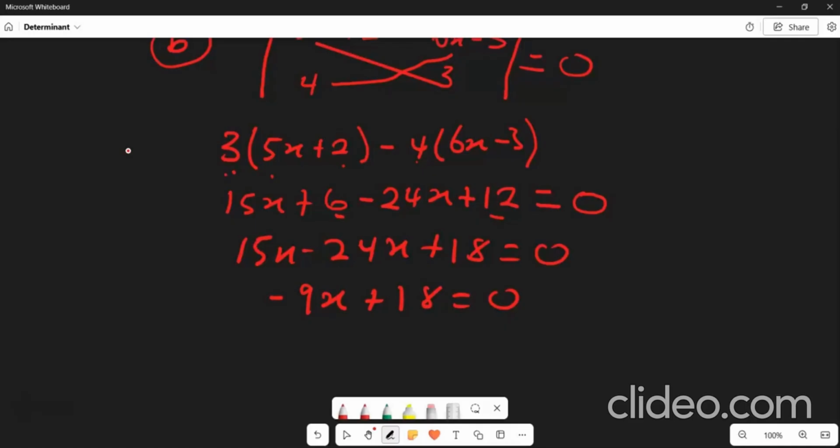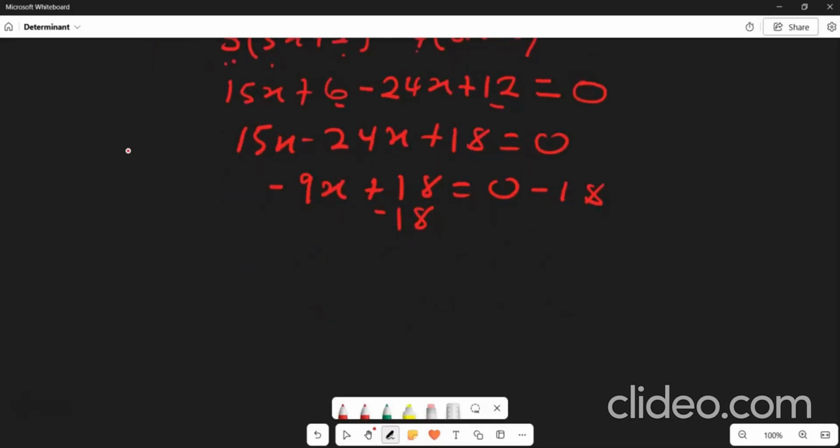We subtract 18 from both sides, so we have minus 18 and minus 18. This will lead us to minus 9x equal to minus 18. We divide both sides by minus 9, and our result, x, will be 2.